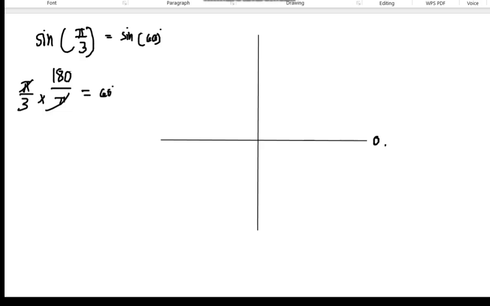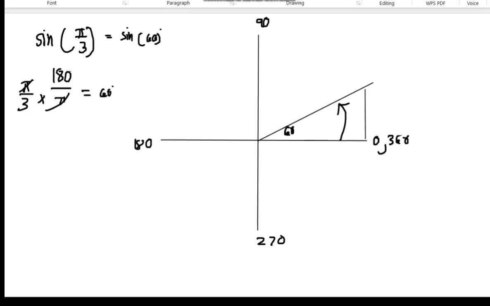This is equal to sine 60 degrees. So we're finding sine 60 degrees, which is clearly simple. Even without the unit circle, we can just use the special right triangle of 30, 60, 90 degrees. So we got this.